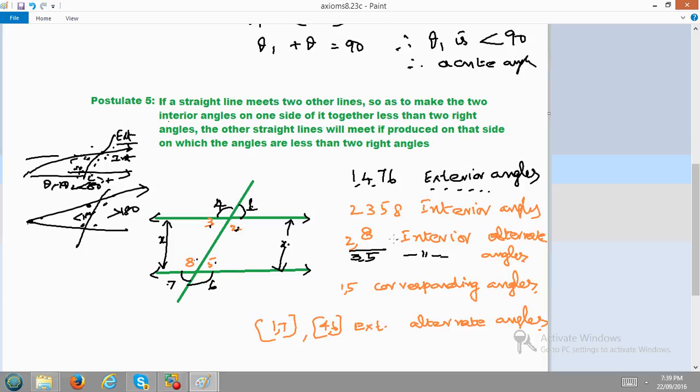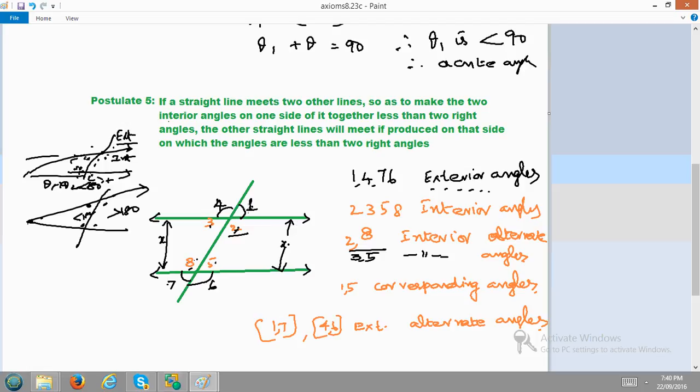These 2 and 8 are called interior alternate angles, and they are equal if the lines are parallel. These 3 and 5 are also interior alternate angles. So 3 is equal to 5, just as 2 is equal to 8.